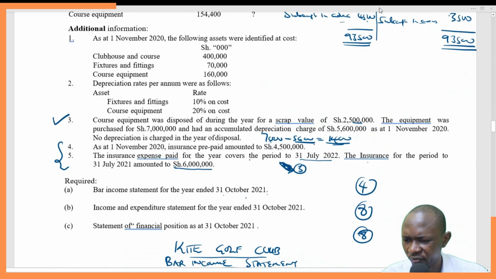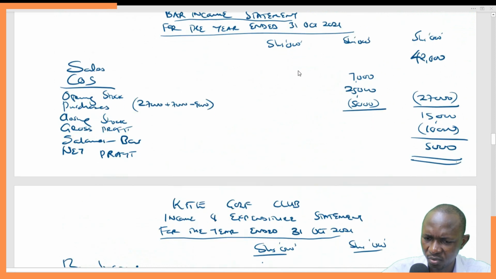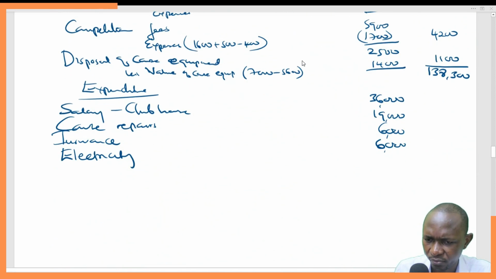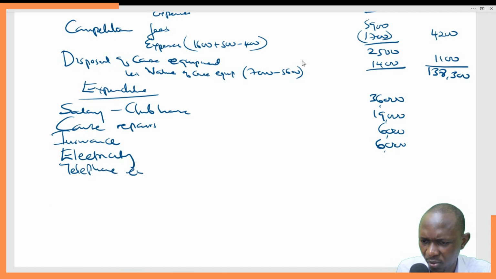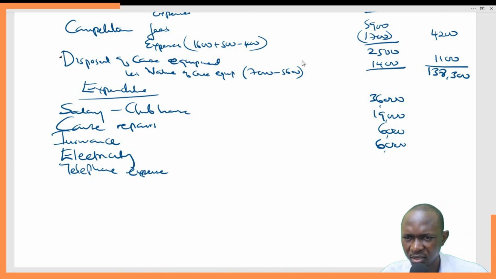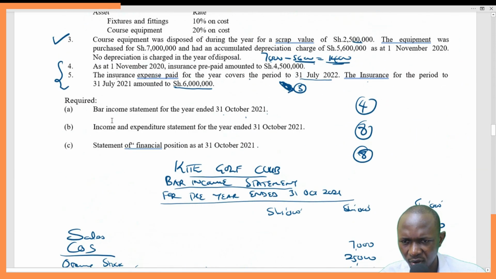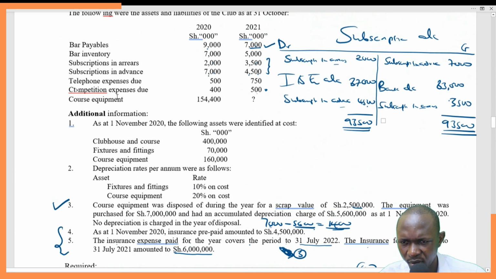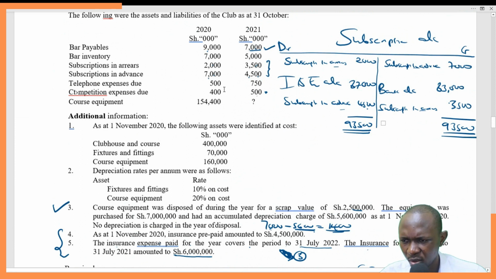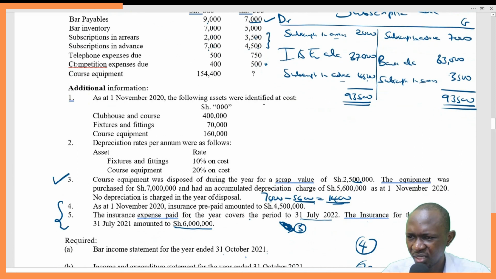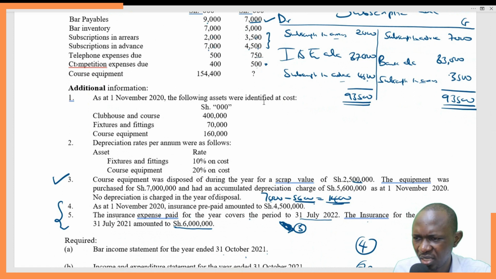Telephone expense 2.5. So telephone expense 2,500. But this one has some workings, so let's check. We need to be very keen. Just like the rest, this is for this year.